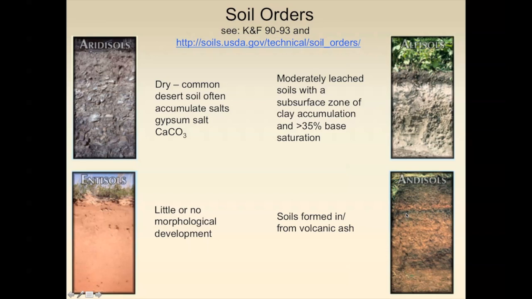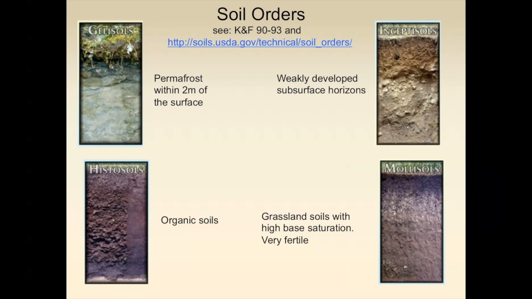A place that you might find these are out in the west, where you have places like Mount St. Helens, or possibly in Hawaii, where you have a tremendous amount of volcanic ash that has historically been there.